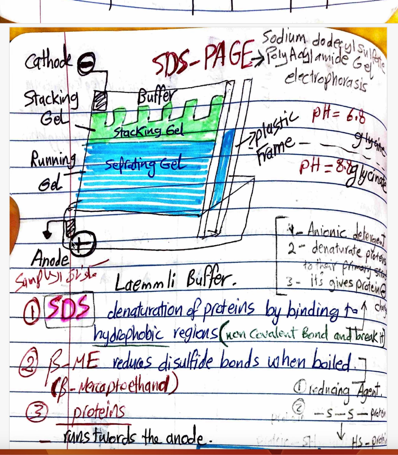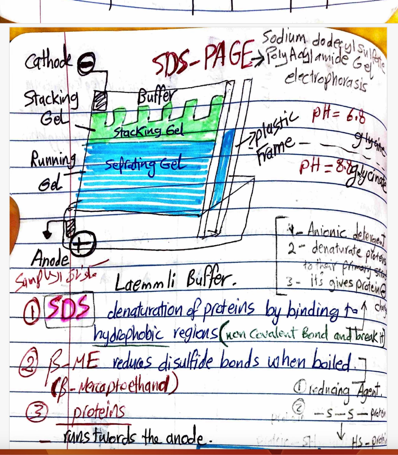Before we discuss, this is the stacking gel, this is the separating gel, and this is the buffer. Here I said this is a plastic film, and I'm talking about the pH. Here we have glycine, here is glycinate, here the pH is 6.8, and here the pH is 8.8.